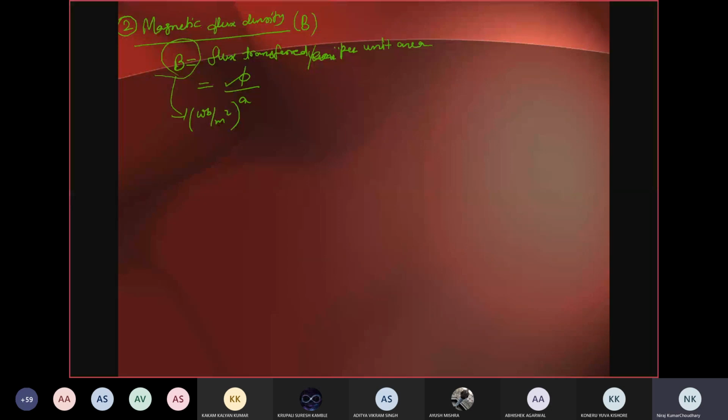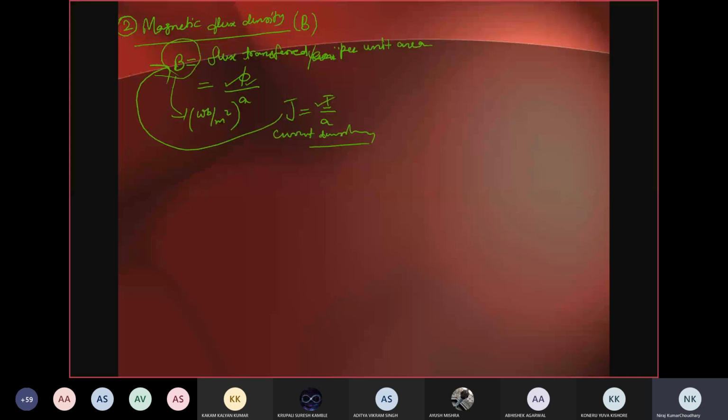So you know that current density in an electrical circuit is basically current transferred per unit area, that is I by A. So flux is analogous to current, right? So current density is analogous to your magnetic flux density in a magnetic circuit, right?